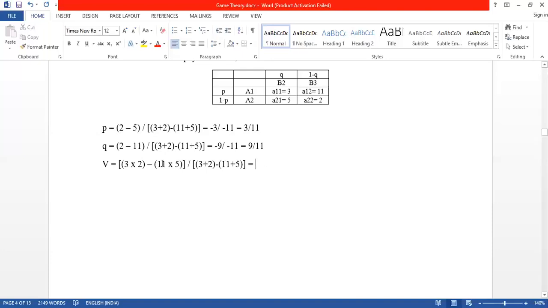So finally we have, see, 3 into 2, 6, minus 55, so it is minus 49, divided by minus 11, so it is 49 by 11.